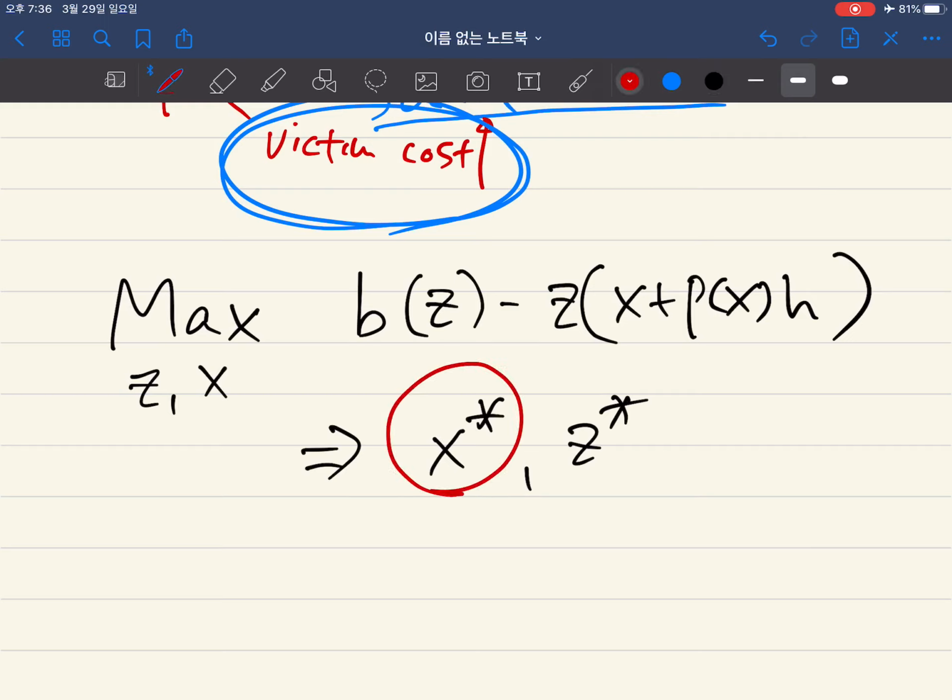See that both X and Z are chosen by the injurer. There is no room for the victim here because we want to think about a really simple setting in the beginning. So the injurer has to choose X and Z, and it turns out that if the injurer chooses exactly X star and Z star, social welfare is maximized.